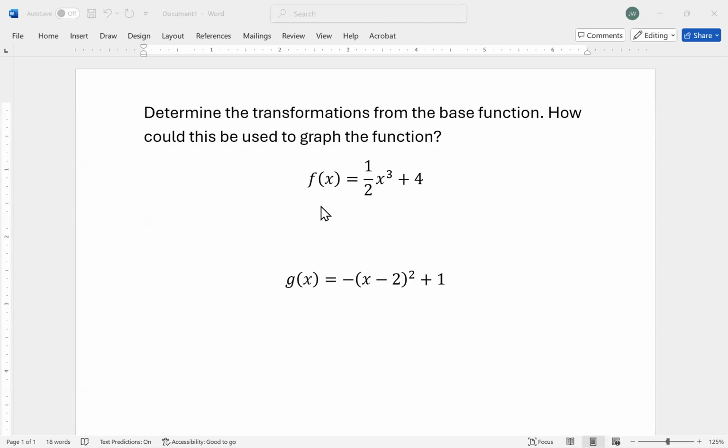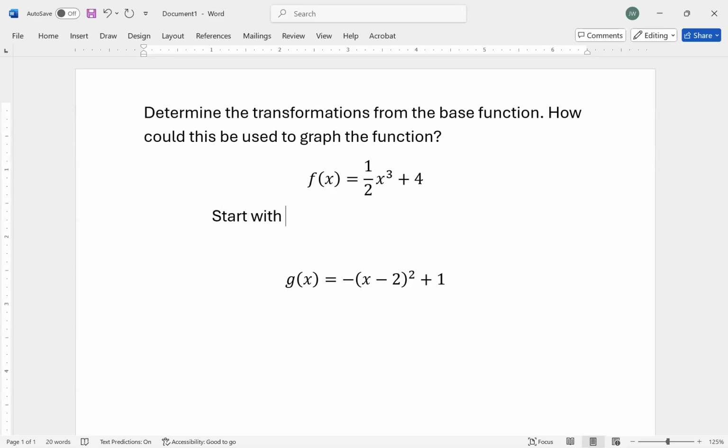When you go about describing the transformations, typically you work inside out. So you start with things that are inside the indicated operation, and then you work out in sort of an order of operations way. Let me explain what I mean by that. So we start with a base function.